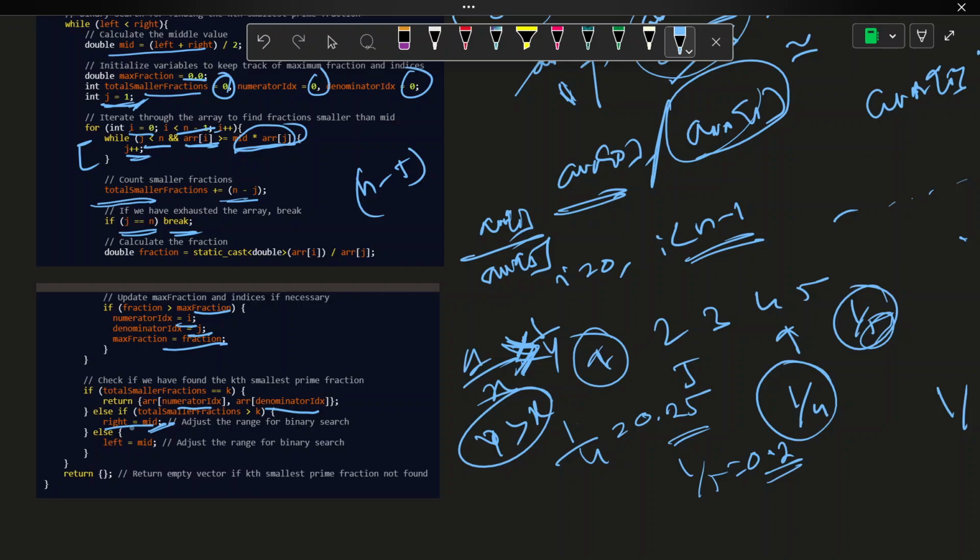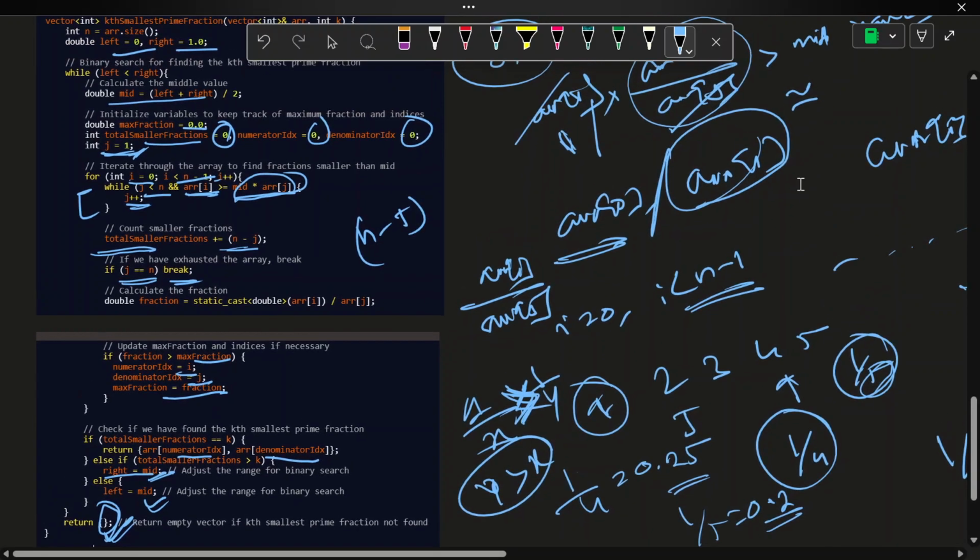That will actually allow more fractions into the range, right? That's why that time I will move the left pointer to mid, right? Got it? In this way this binary search will work, and at the end return null. This is the default case. Okay, got it right?